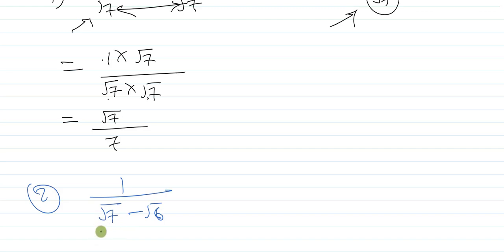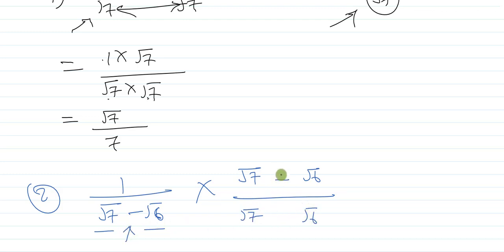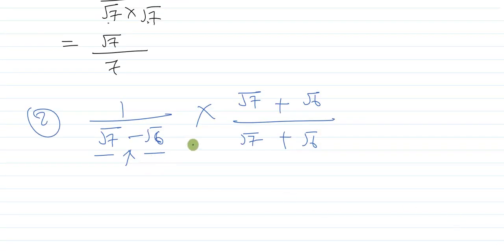If two terms are there in the denominator, here you can see two terms are there, just multiply by the same terms, just changing the sign. Here root 7, root 6 is there. Here minus is there. Just change the sign, that is plus. If minus is there, you have to use plus in between. If plus is there, you have to use minus in between. As simple as that. Now just multiply.